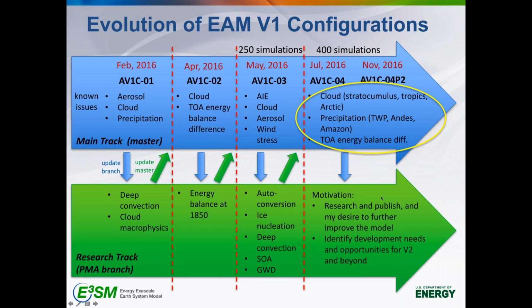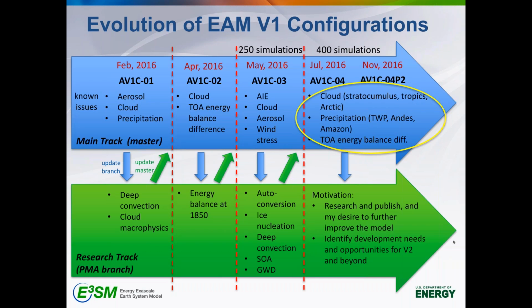So a lot of these things are done in parallel with the main model development track. And this is also an important activity because with V2 development timelines on the way, I want to figure out the development needs and opportunities for V2 and beyond. So the results out of this work might be useful.